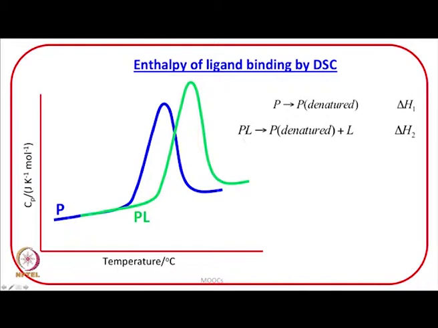You are already forming a complex and you are heating it. When the complex is heated, obviously the denatured protein will lose its binding site and the ligand will be dissociated from it. The corresponding thermal unfolding reaction is PL forming P denatured plus L, and the associated enthalpy of unfolding is delta H2.